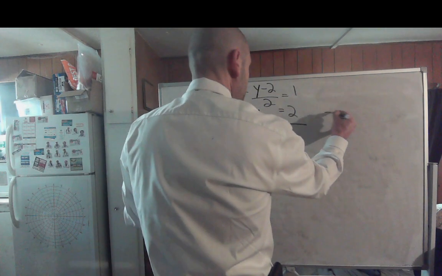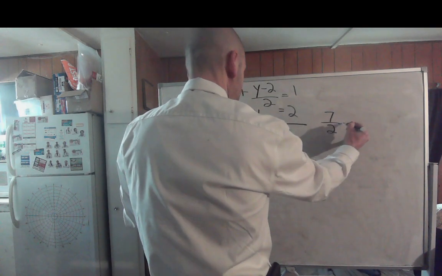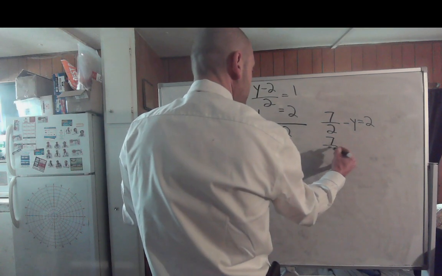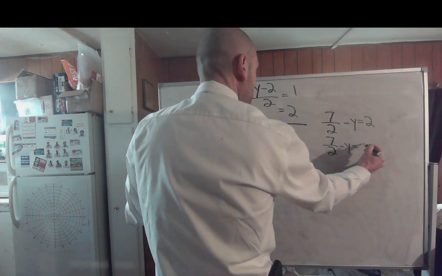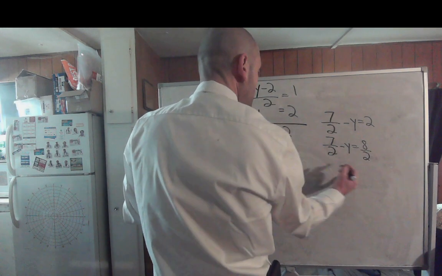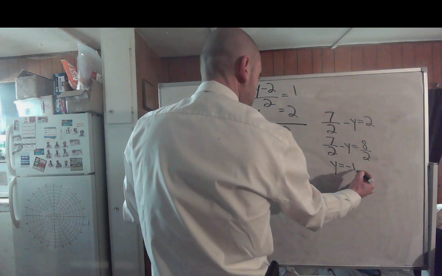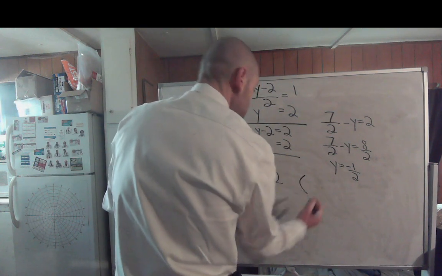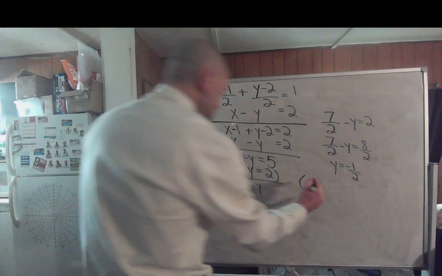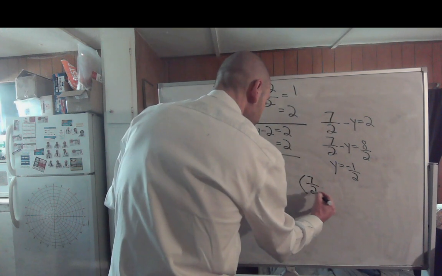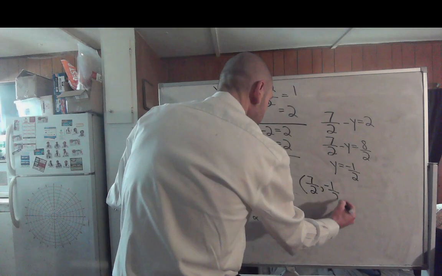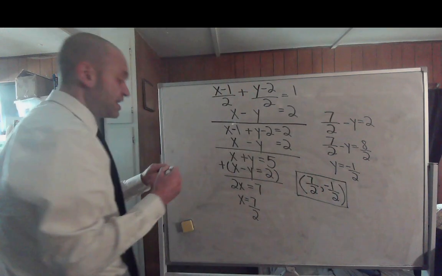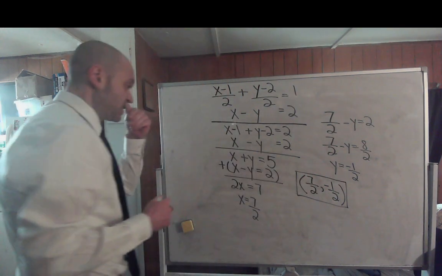So I'm going to pick the bottom equation, so 7 halves minus y equals 2, which means 7 halves minus y equals 8 halves, which means y equals negative 1 half. So we found both x and y. So the ordered pair that's the solution to this system is going to be 7 halves, negative 1 half. So these two lines intersect at 7 halves, negative 1 half.